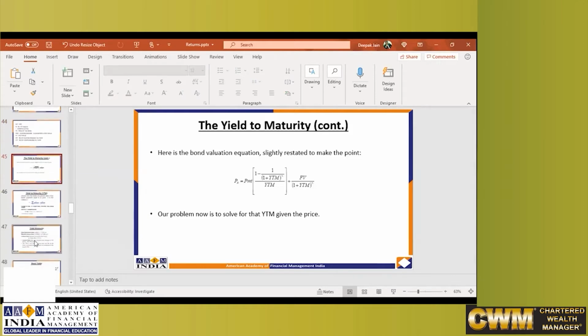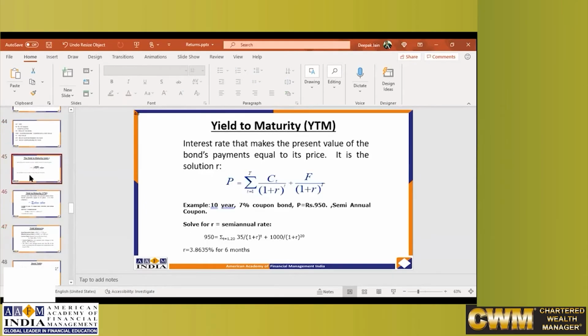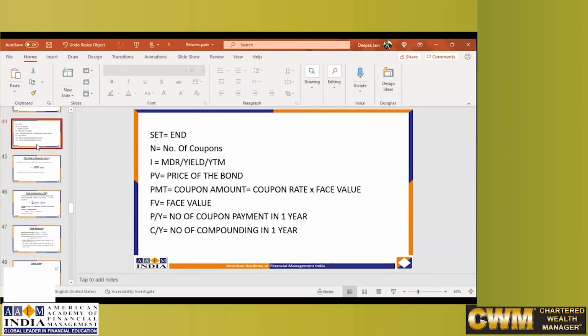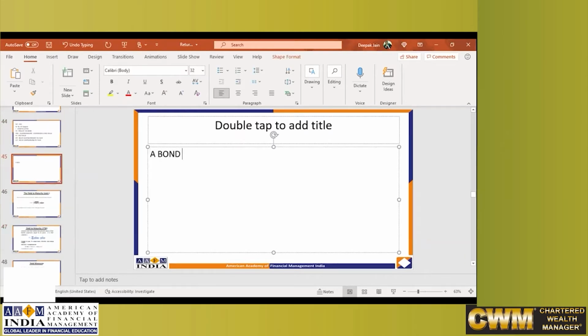So because you are doing it for the first time, let me give you a question. A bond with 10,000 face value and annual coupon rate of 12% with term to maturity.